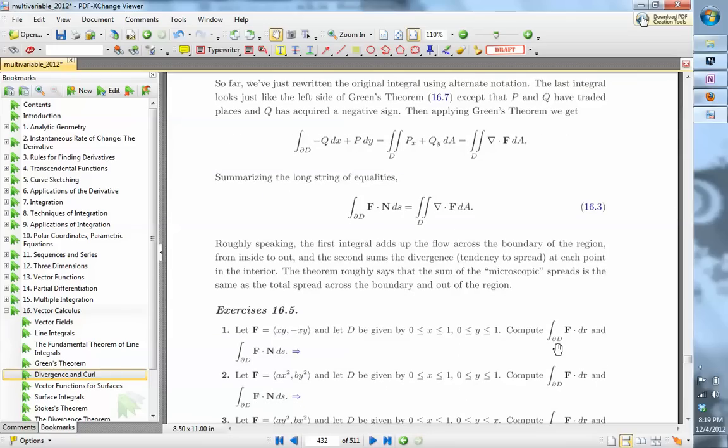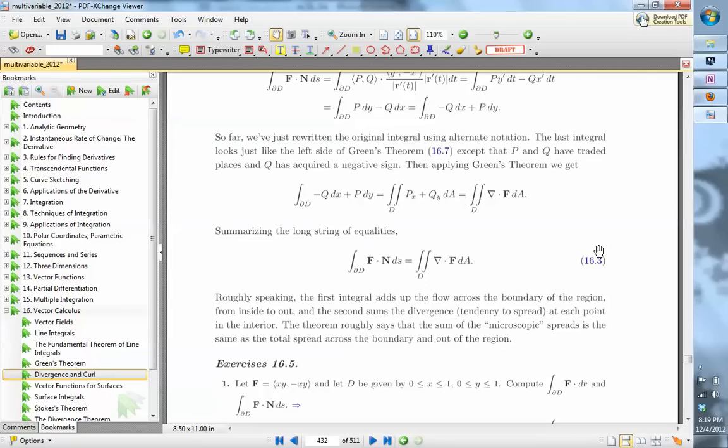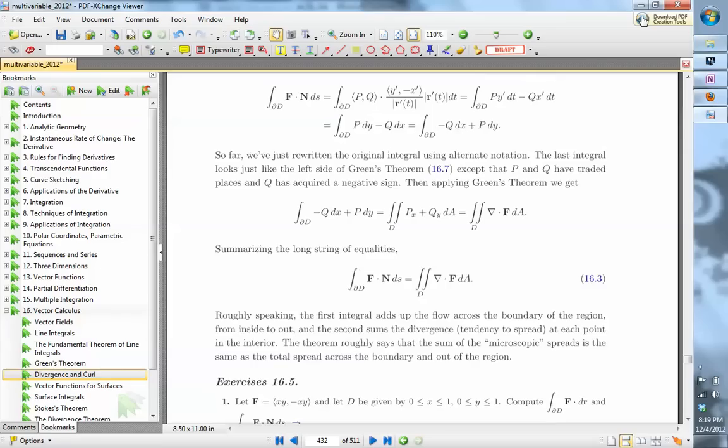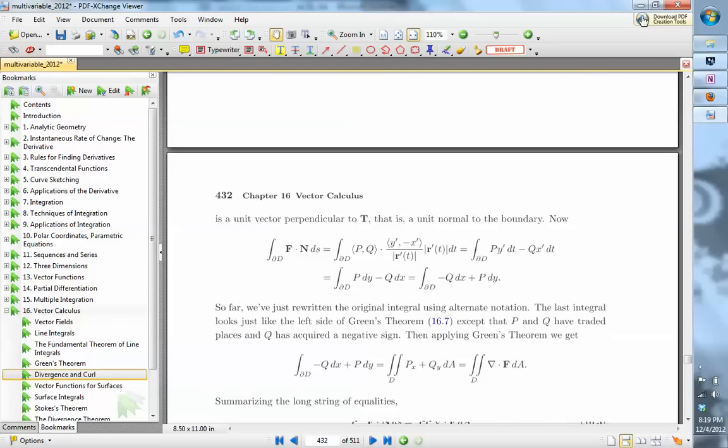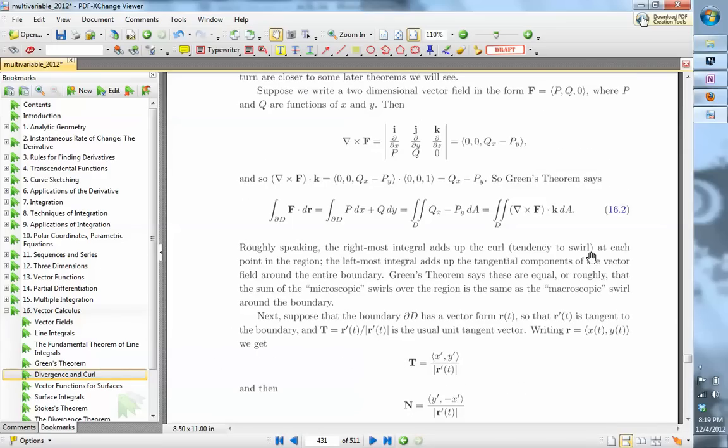I thought that was in this section. I think it is. Yeah. Ah, yes. So that's this one. And then Stokes' theorem is really a generalization of this where you replace K with N, a normal vector. Right. Okay.